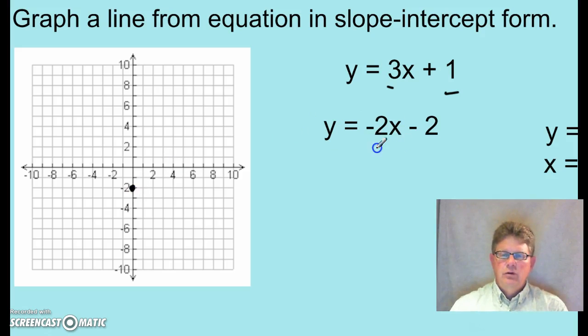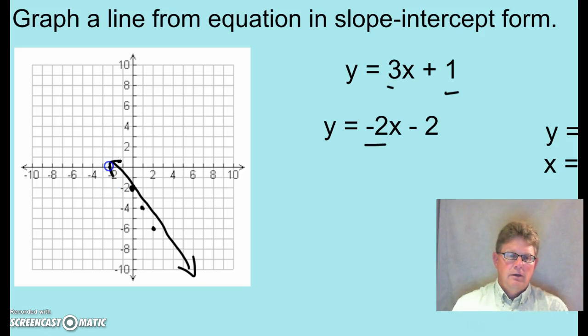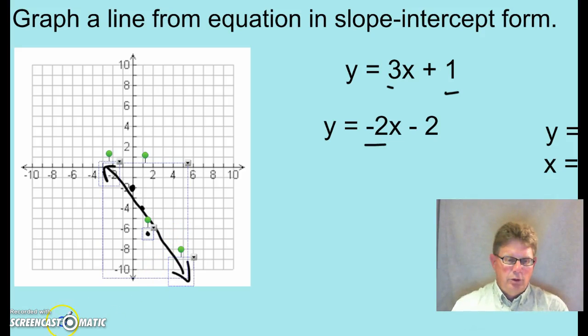The slope is negative 2, so it's going to go downhill left to right. So down 2, run 1. There's your line. Yeah, nice shot. I really hit the points on that one, didn't I? Anyway, you get the point. Moving along.